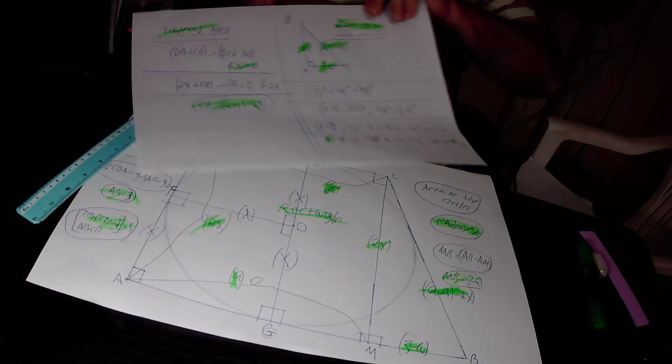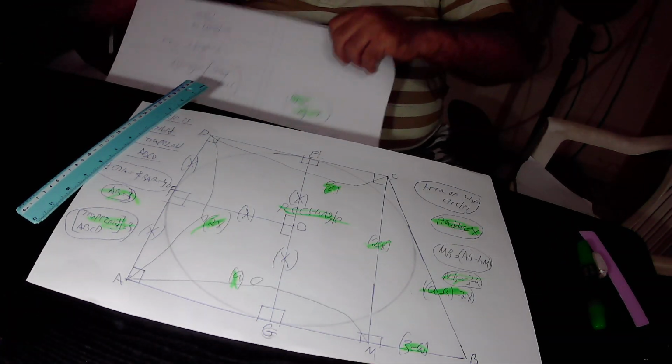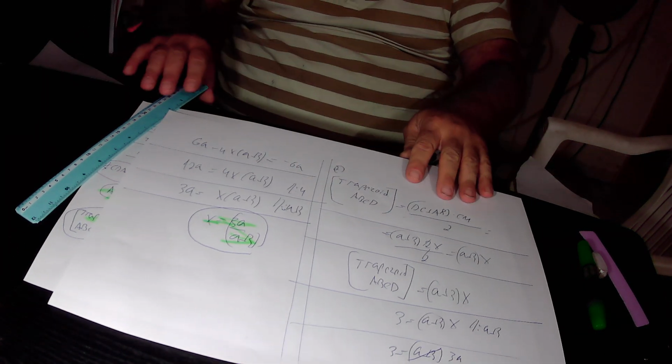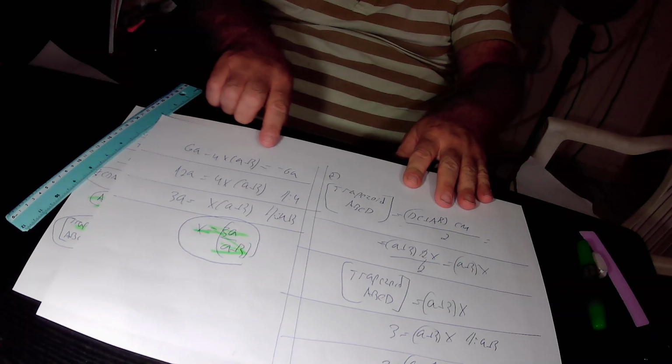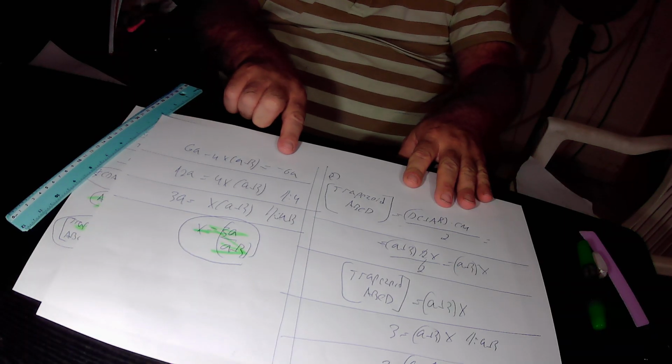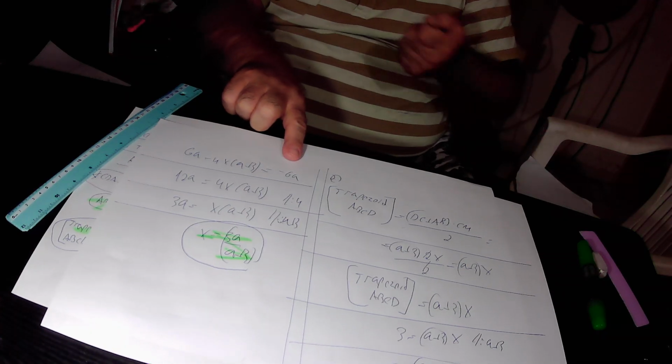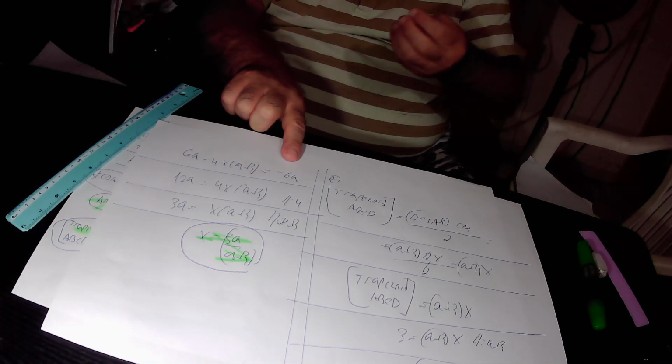So in total, 6A minus 4x times (A plus 3) equals minus 6A. Here we added 6A and also 4x times (A plus 3).